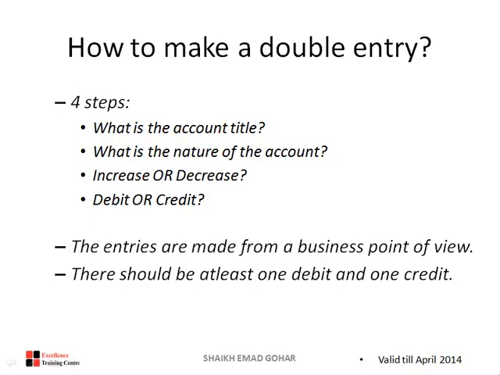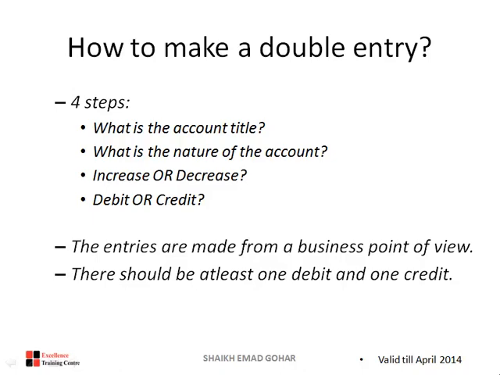Debit or credit. This is a very important point to note here, because who is doing accounting? That's why we will make the entries from the business point of view, not from the owner point of view. I will not see my pocket. I will see the business pocket.